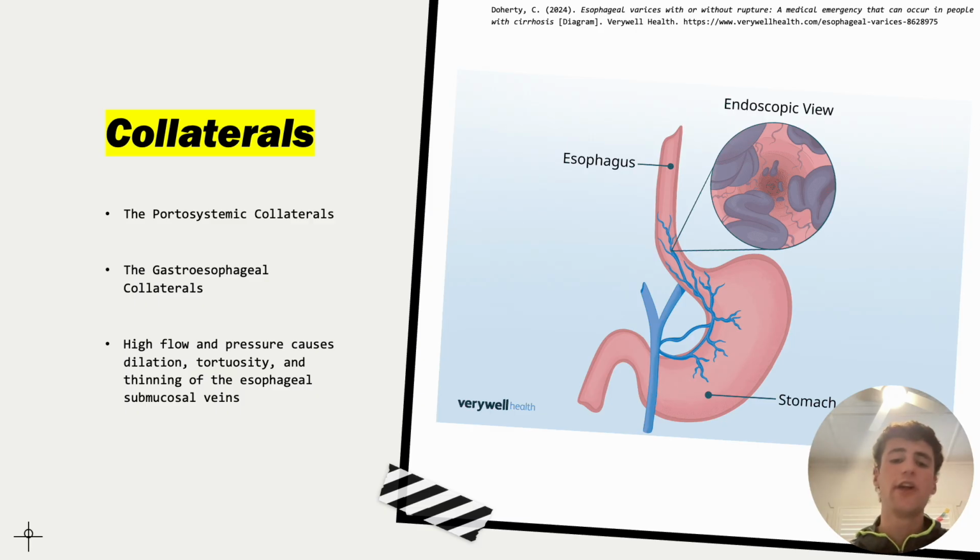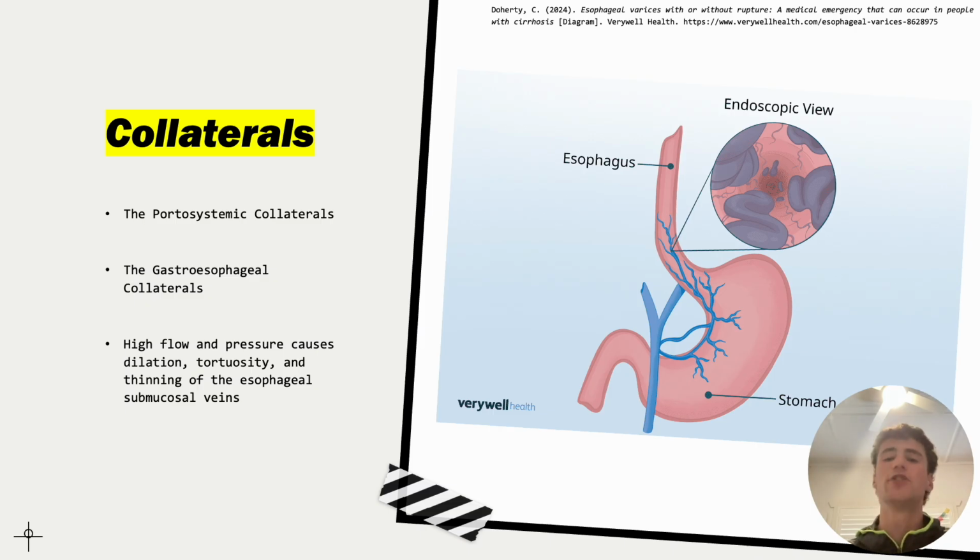Alrighty, so as mentioned earlier, the portosystemic collaterals will divert blood from the high-pressure portal system into the lower-pressure systemic veins, including the inferior and superior vena cava, helping decompress the portal system. Now, another major site for collateral formation is the gastroesophageal junction. So here the blood from the portal tributaries, specifically the left gastric vein and the short gastric vein, is then redirected into the azygous vein, which then drains into the superior vena cava.